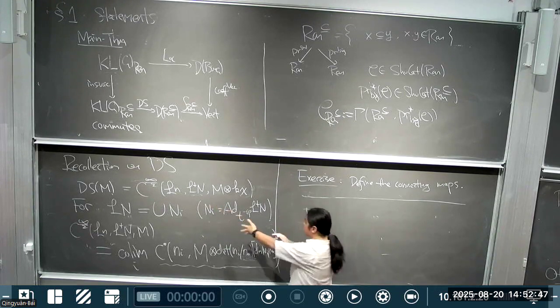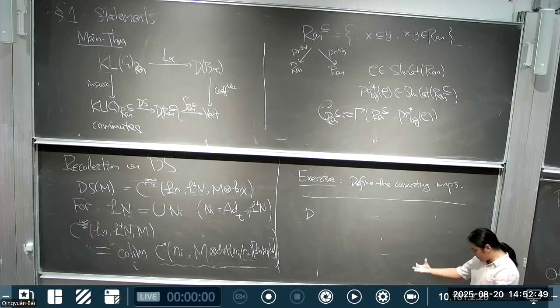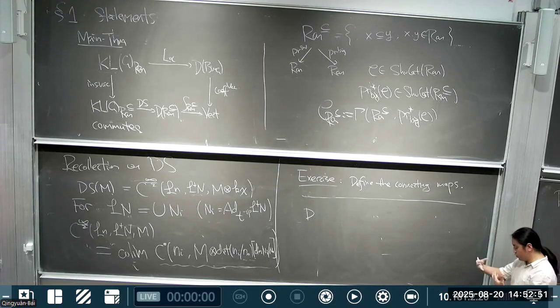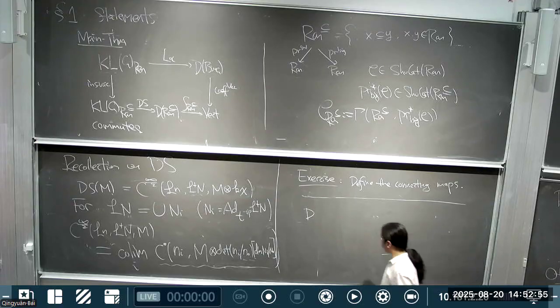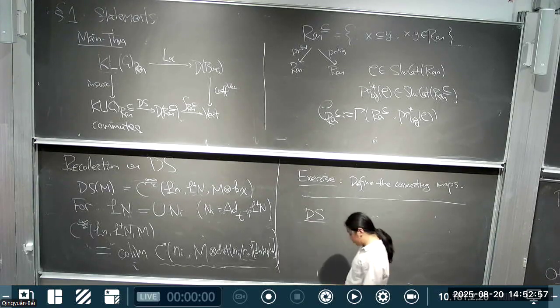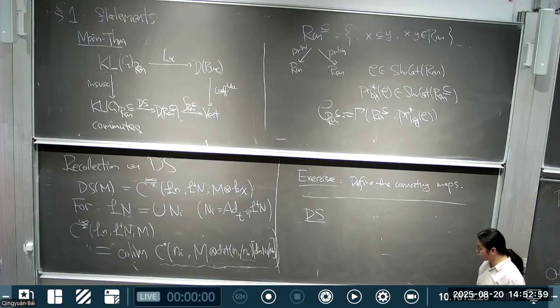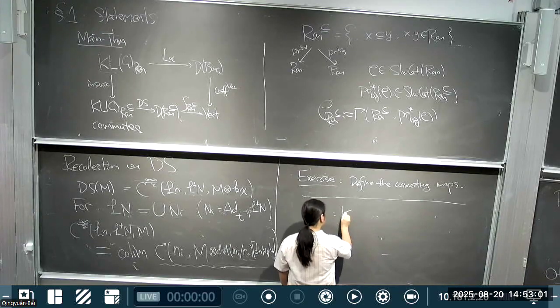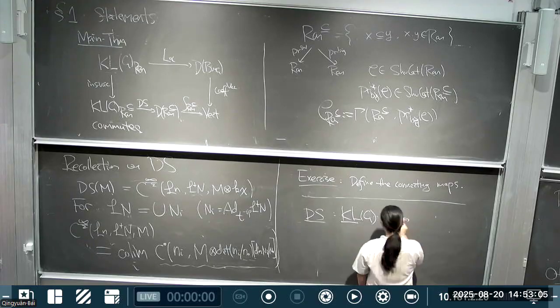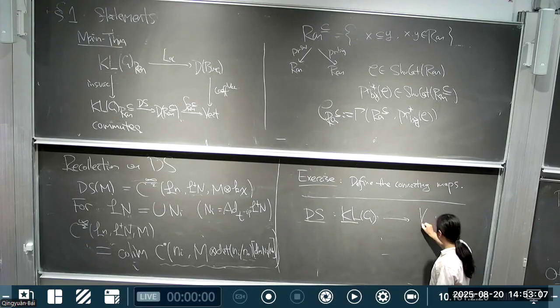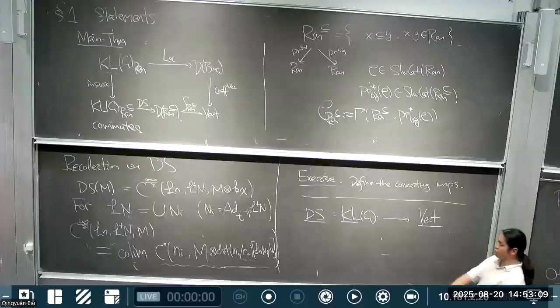Because this thing depends on disks and puncture disks and uses nothing more than that, you may expect that this functor can be upgraded to a functor between sheaf of categories. So in other words, you may want to obtain a functor from this sheaf of categories to just Vect, to this constant sheaf of categories.